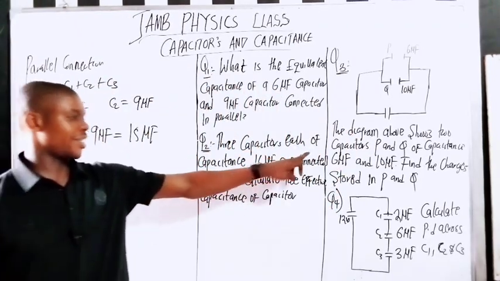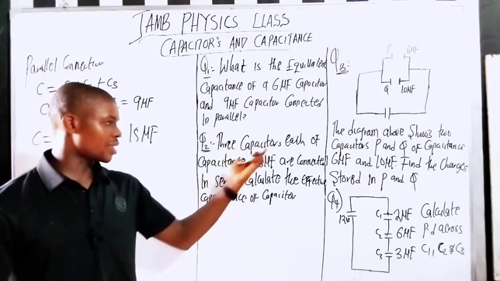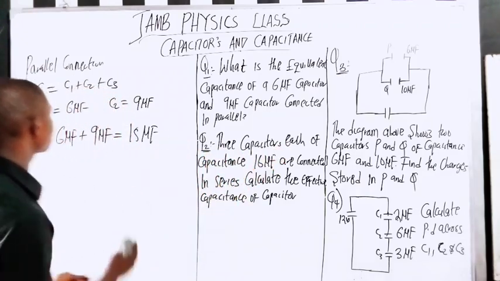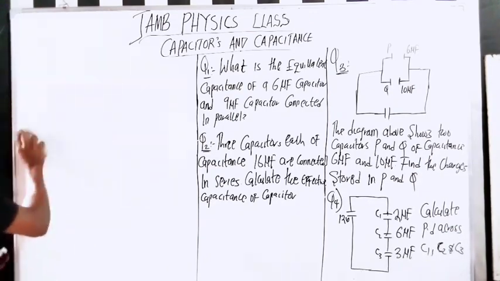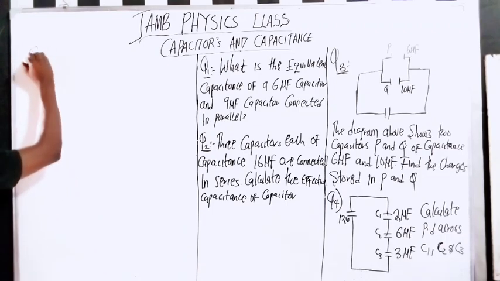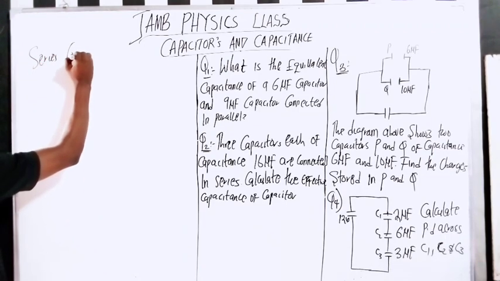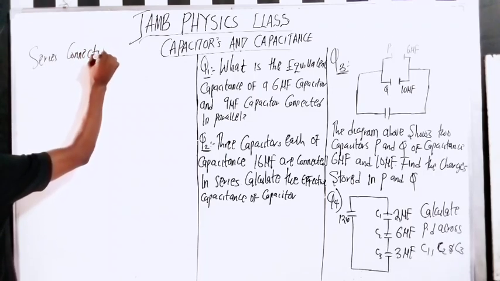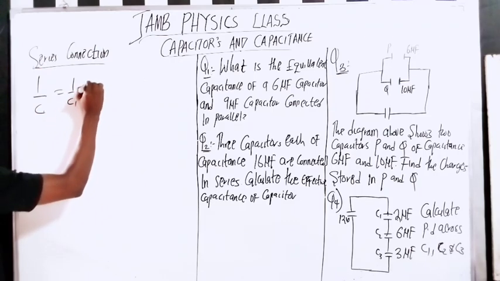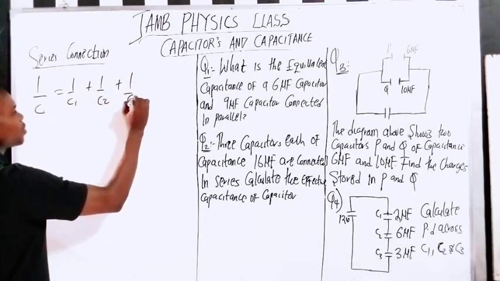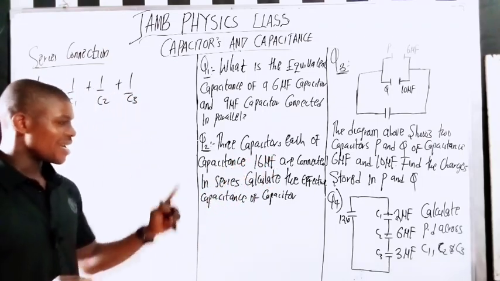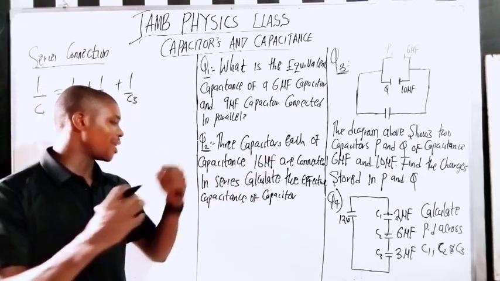They say that 3 capacitors each of capacitance 16 microfarad are connected in series. So when capacitors are connected in series, in series connection, you're going to have 1 over C equals 1 over C1 plus 1 over C2 plus 1 over C3. Now, the 3 capacitors each of capacitance 16 microfarad are connected in series.